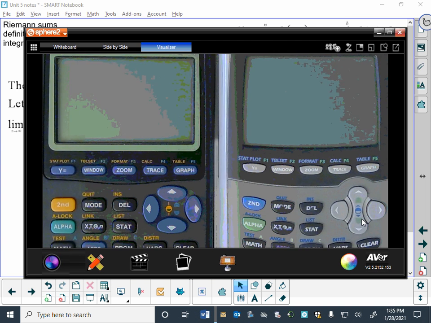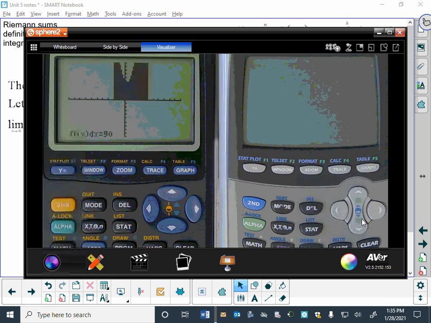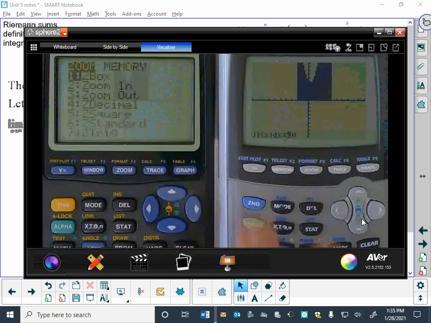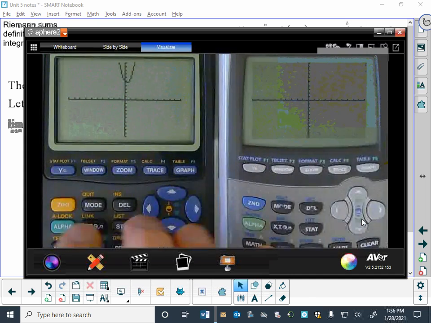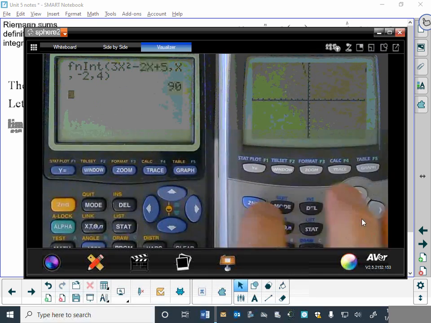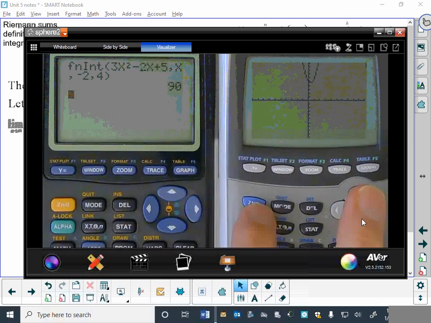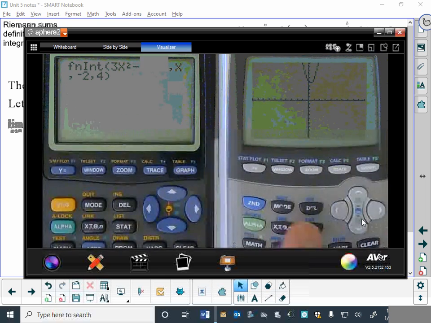So I have a TI-83 and a TI-84 here because they behave slightly differently. Okay, so first place we're going to go is to the home screen.